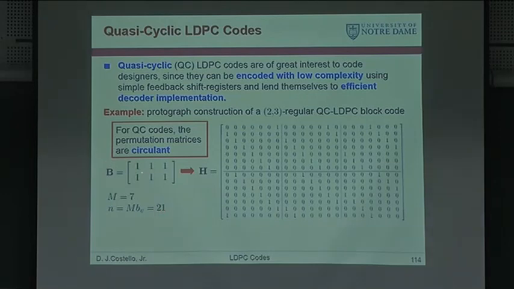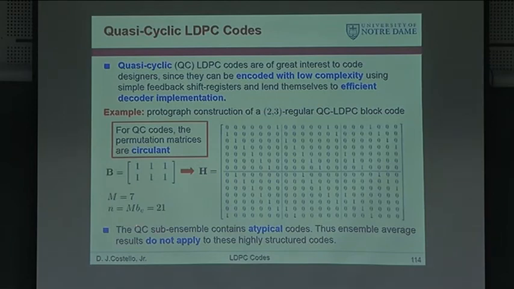If you have integers greater than 1 in your base matrix, you would add together 2 shifted identity matrices. So you'd have circulants of weight 2 or 3 if you wanted to make the codes more powerful with larger degrees.